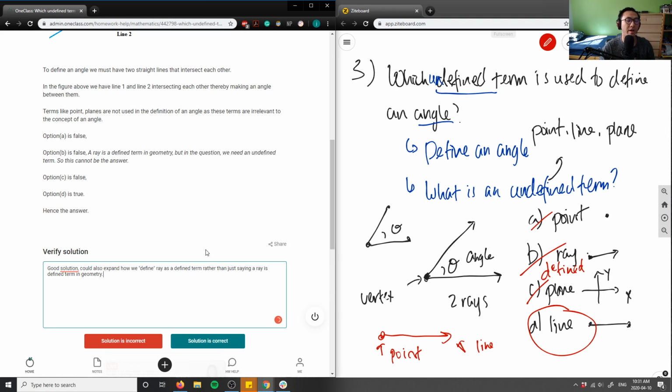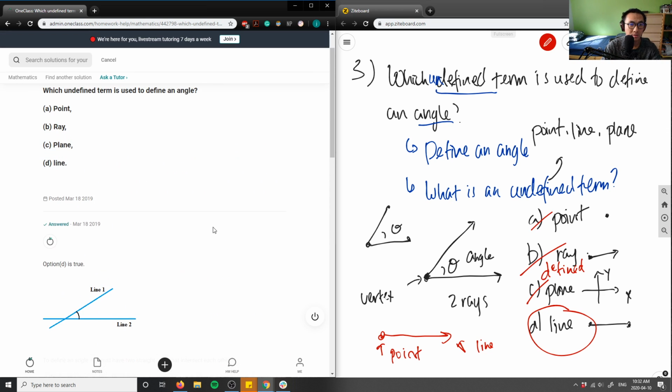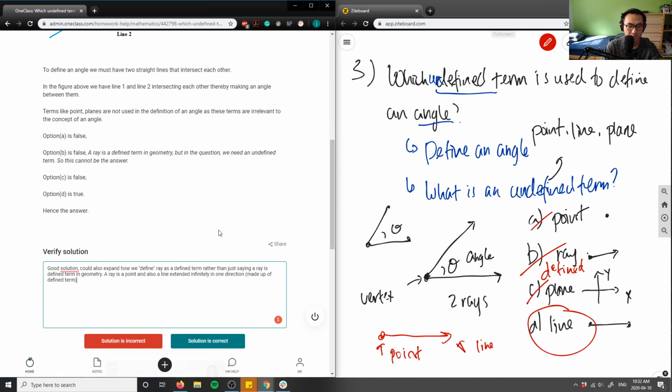And I defined it as a ray being a point and also a line extended infinitely in one direction, made up of undefined terms.